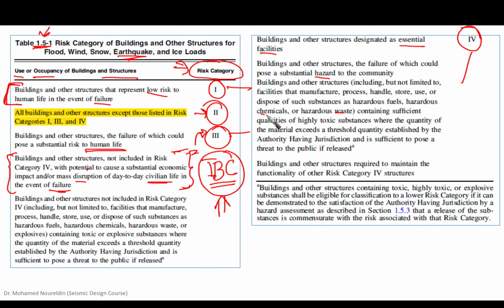So anything that is very critical, like hazardous material, is considered category 4.